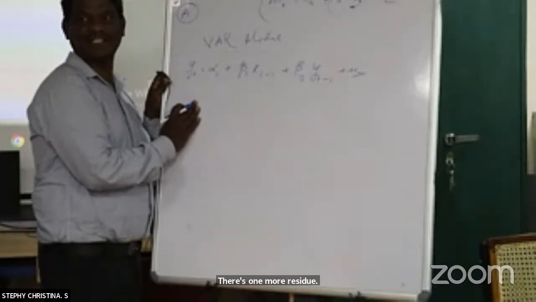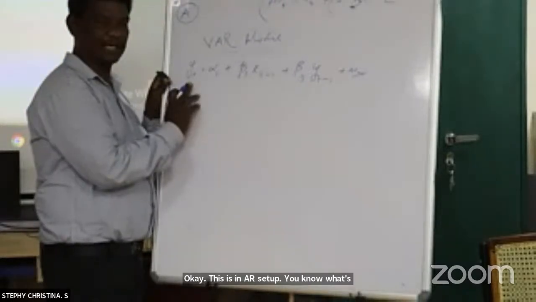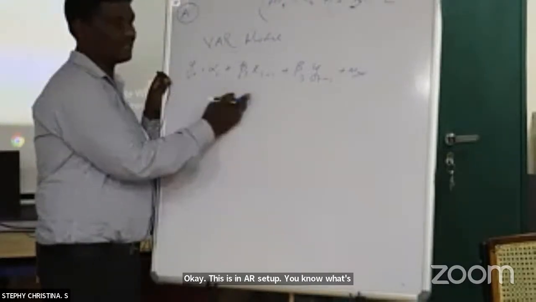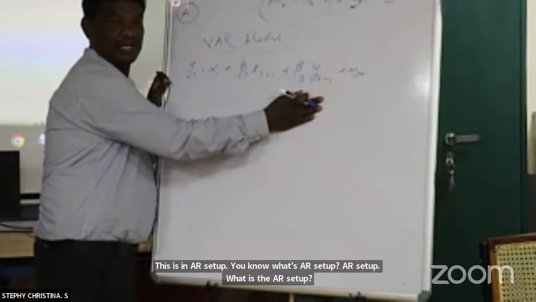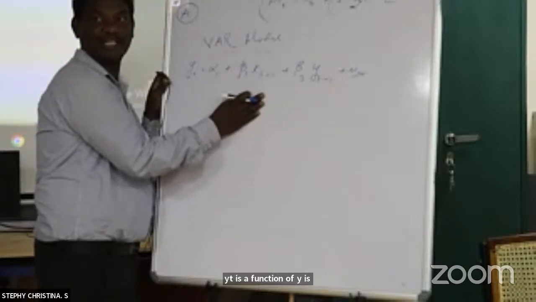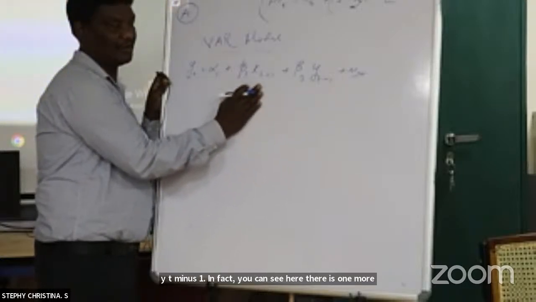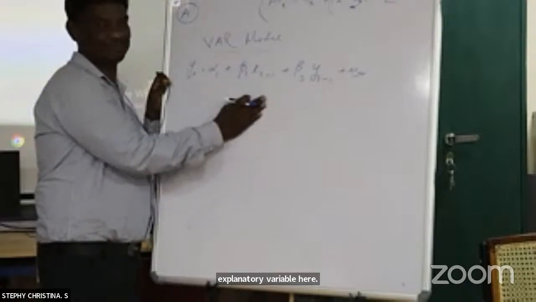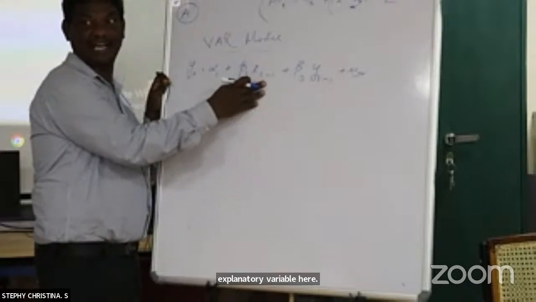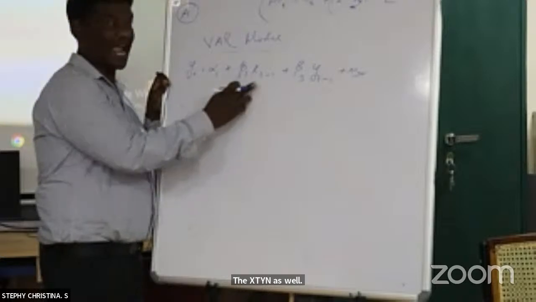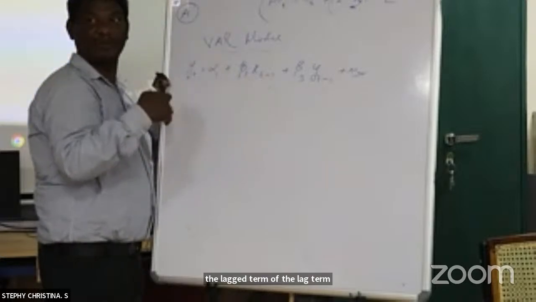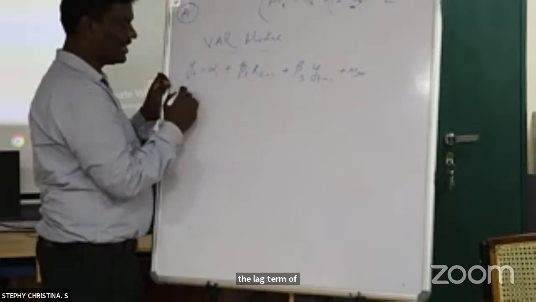This is an AR setup. You know what an AR setup is? Yt is a function of yt minus 1. In fact, you can see here there is one more explanatory variable, xt minus 1, the lag term of the other variable. So what is the other dependent variable?